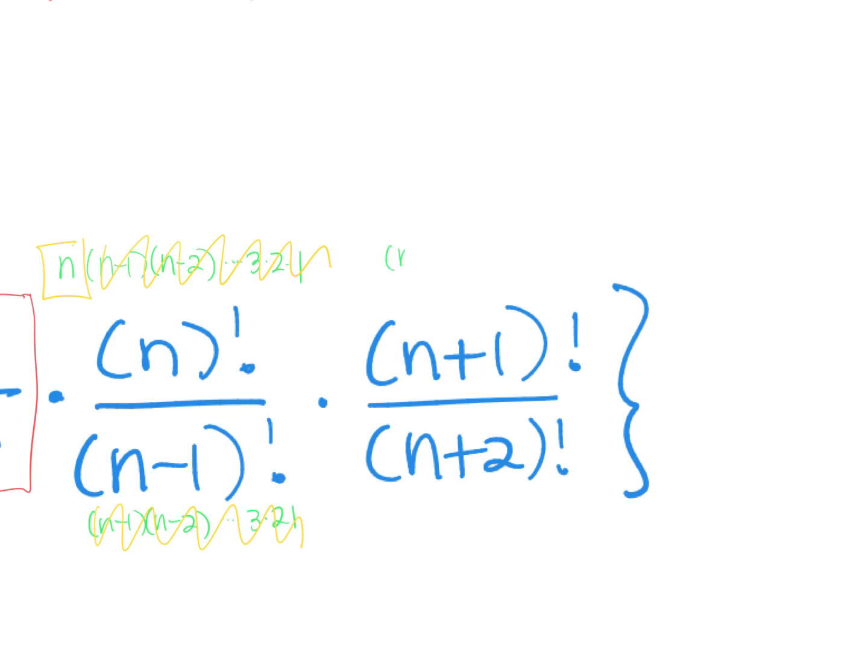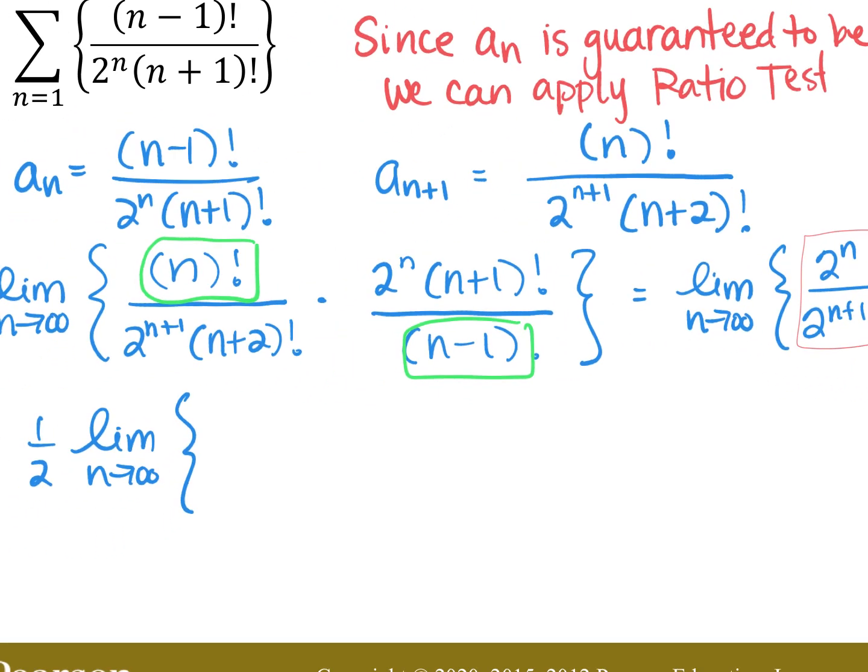So this one would have been n plus 1, and then n came before that, and then n minus 1, and then all the way down to 3, 2, and 1, whereas this one would have started with n plus 2, and then n plus 1, and n minus 1, all the way down to 3, 2, and 1. So when we reduce the entire numerator, we reduce all but n plus 2 in the denominator. All right, so we are left with a limit that has n in the numerator and n plus 2 in the denominator.